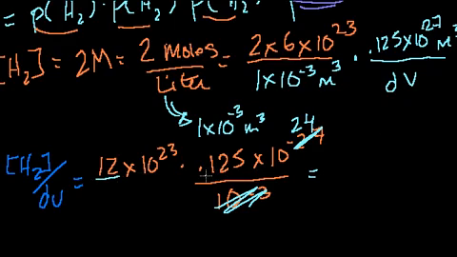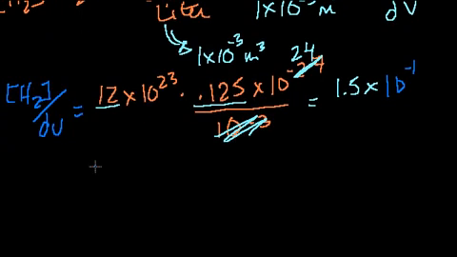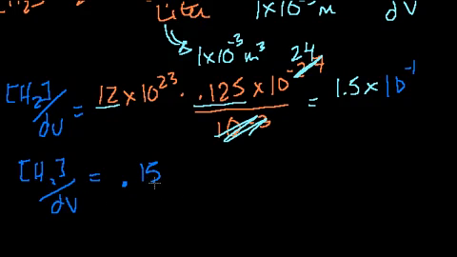The 12 times the 0.125 is equal to 1.5, and then 10 to the 23rd times 10 to the minus 24th is equal to 10 to the minus 1. Right? So it's just divided by 10. So your concentration of hydrogen in a little cube that's half a nanometer in each direction is equal to 0.15 molecules.